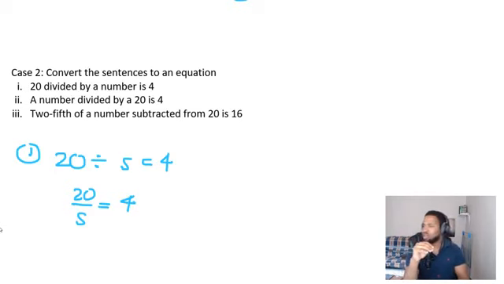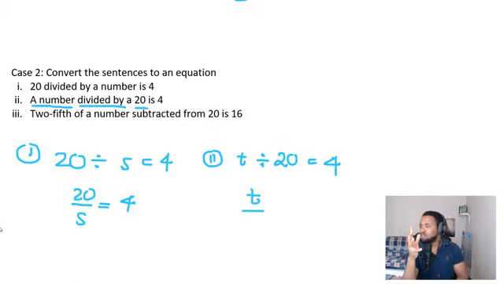For question 2 here, it says that a number, which in this case we don't know what the number is, but represent as T, divided by, so in this case is the other way around, 20 is also equal to 4. Now take note here that this is now also written as T divided by 20 is equal to 4.